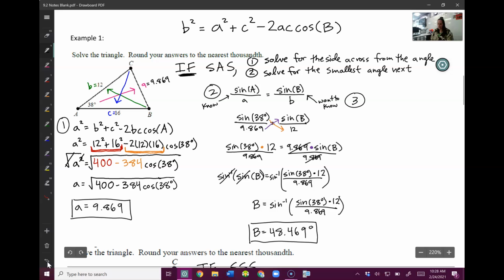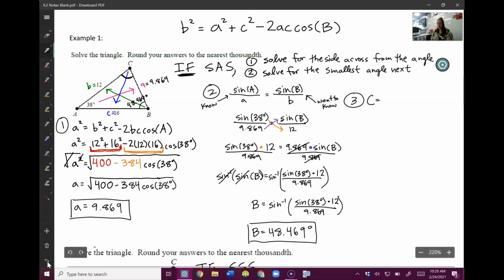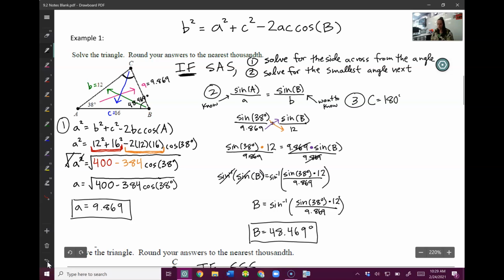Now, my last step. I know that capital A is 38. I know that capital B is 48.469. So, I should be able to use my 180 rule to find capital C. I just need to do 180 minus the 2 that I have, and that'll be what I'm left with.